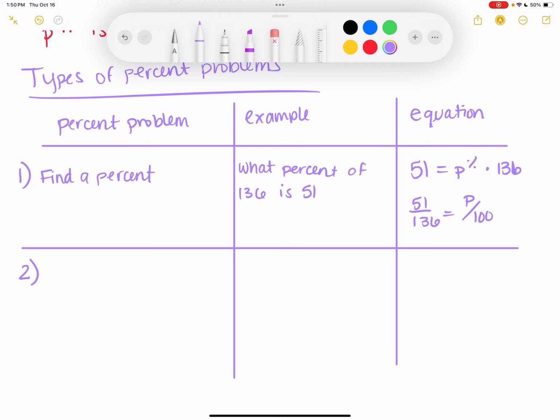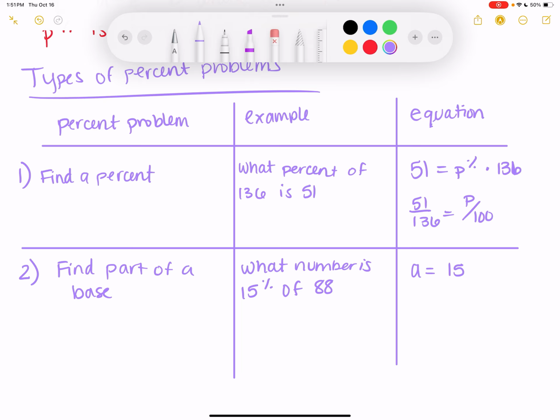Find part of a base. This would be something like, what number is 15% of 88? So A is equal to 15% times 88.